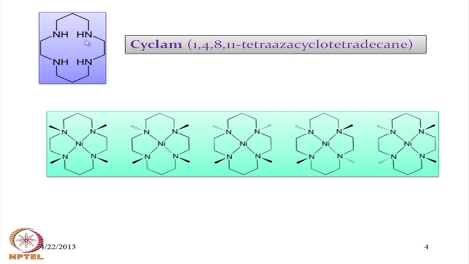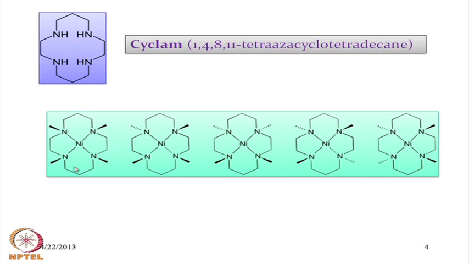So, depending upon the positioning of 4-methyl or 4-ethyl groups, we can have different types of isomers, because we have seen in the previous example that when the nitrogen is in the pyramidal site, we have the hydrogen in the backbone there, and this hydrogen is now substituted by methyl and ethyl group. So, either this methyl group can be up or can be down.